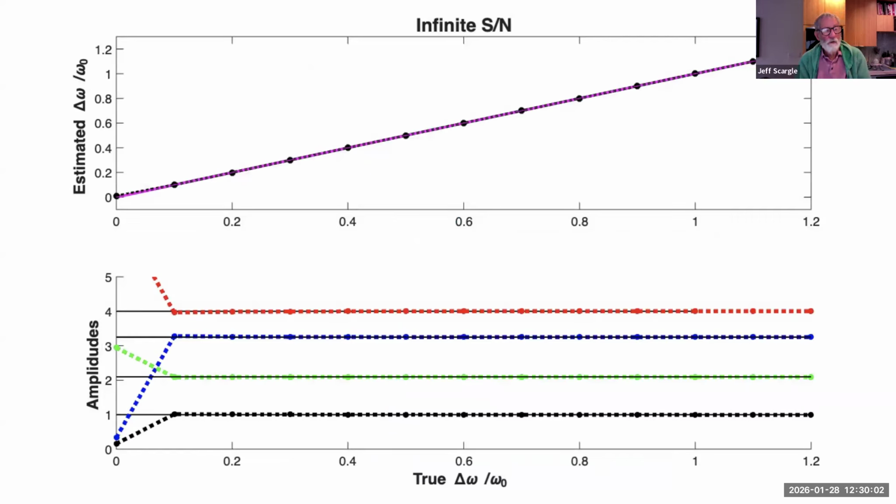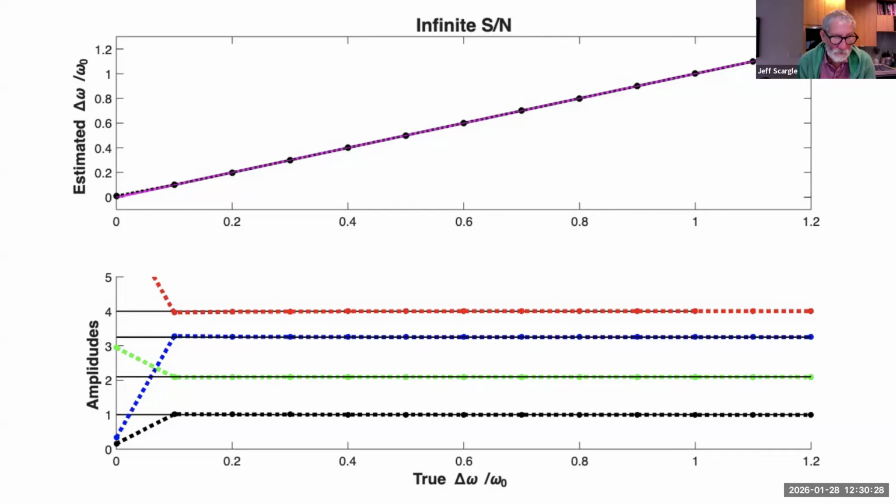Remember that I showed that this double periodogram has infinite resolution in the sense of separating two sine waves, no matter how close together in frequency they are, as long as the signal to noise is infinite. In other words, there's no noise added. This is a simulation with pure sine waves separated by a known amount.